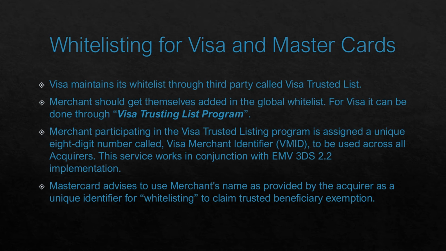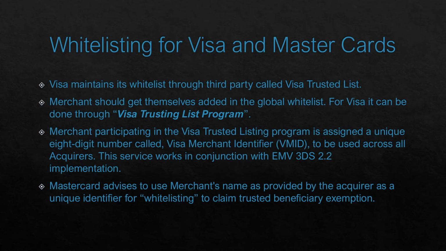Now, how does whitelisting happen for Visa and MasterCard? Visa maintains its whitelist through third parties. For Visa, it is called the Visa Trusted List. A merchant who wants to be whitelisted by cardholders should enroll in a program called the Visa Trusted Listing Program.